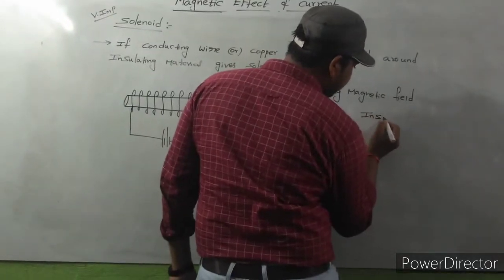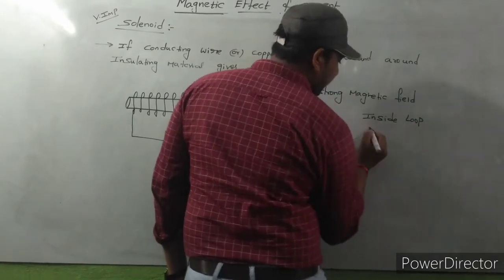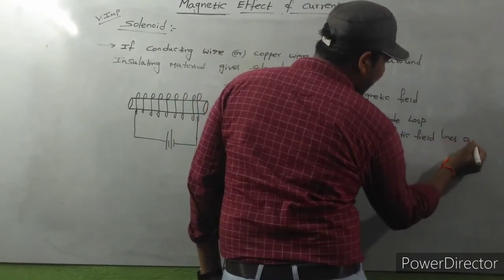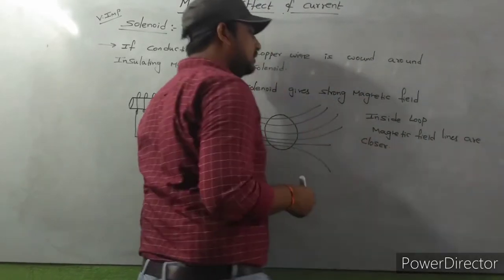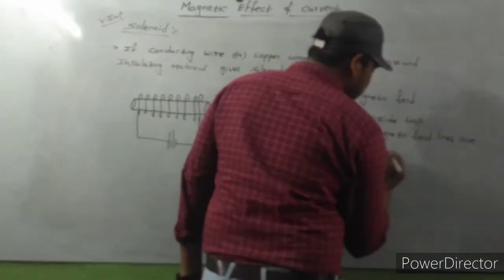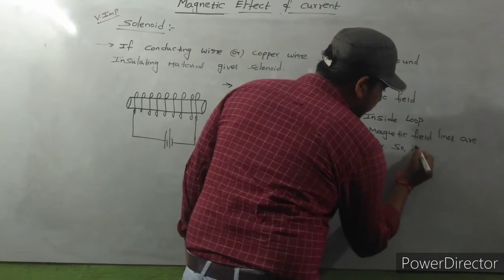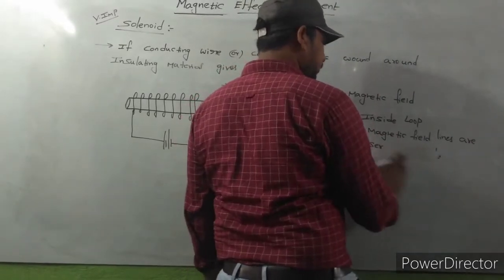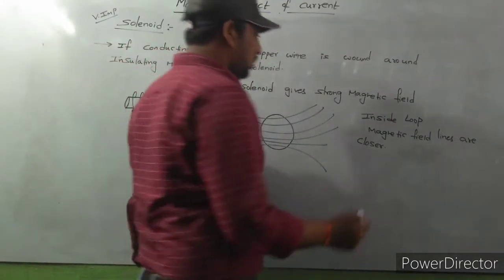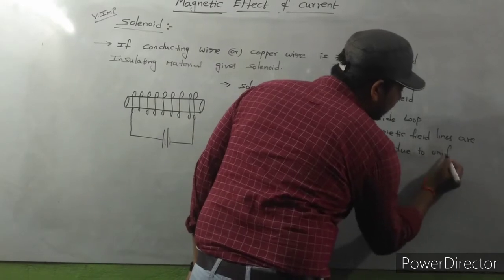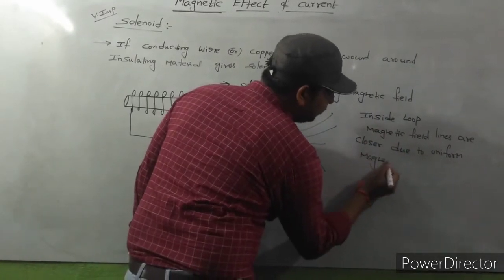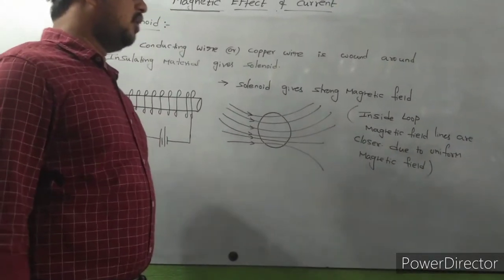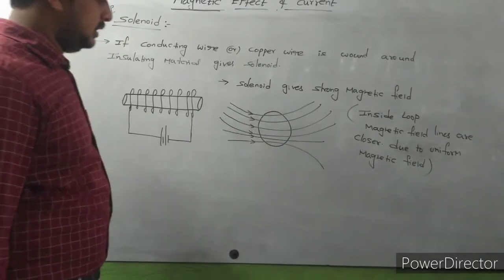Inside the loop, magnetic field lines are closer due to the uniform magnetic field.